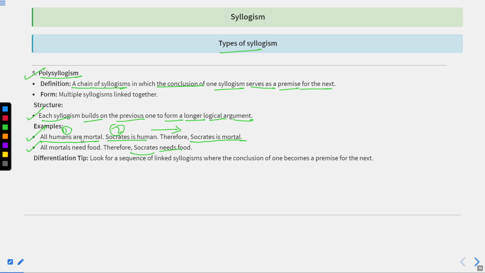So this is the main structure and differentiation tip. Obviously we have talked that there should be a sequence of linked syllogisms where the conclusion of one becomes the premise for the next. You will be getting a question where you will be given two statements, and then an inference or conclusion will be provided.